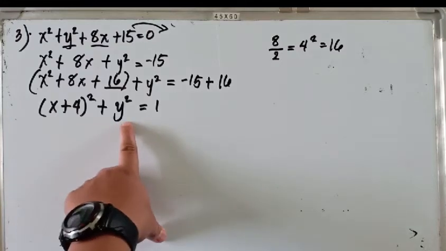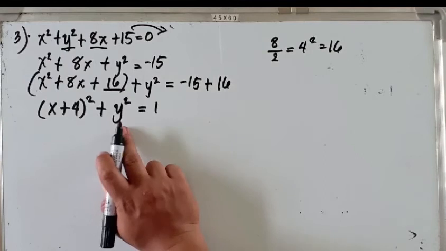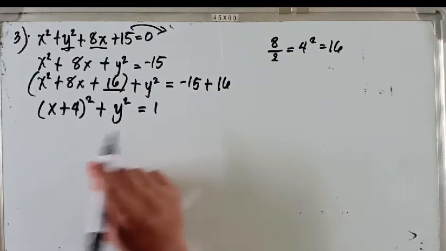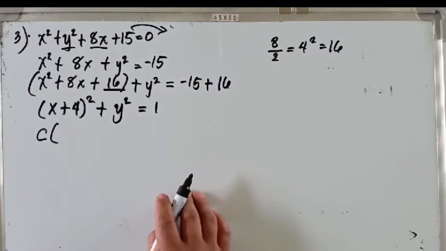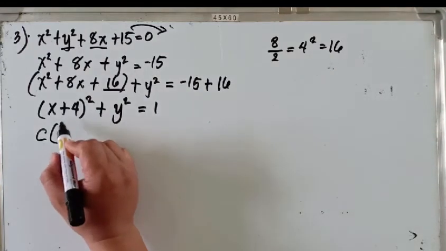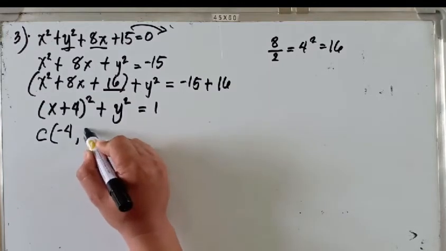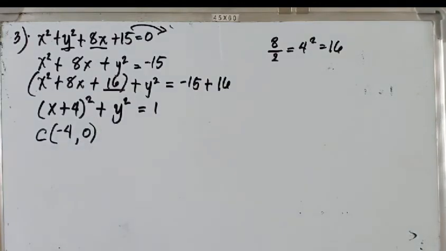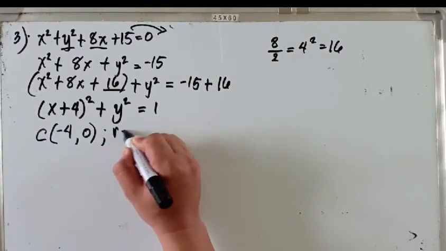Even though we don't have the linear term on the y, this means that the value of k is equal to 0. Now let's determine the center of the circle. So what is h? Yes, that's negative 4. How about k? As I've mentioned, it's 0. And what is the length of the radius?